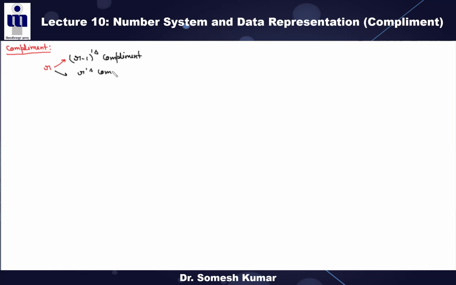These two complements are possible for the radix R. The R minus 1s complement is also called the diminished radix complement, and the Rs complement is also called the radix complement.